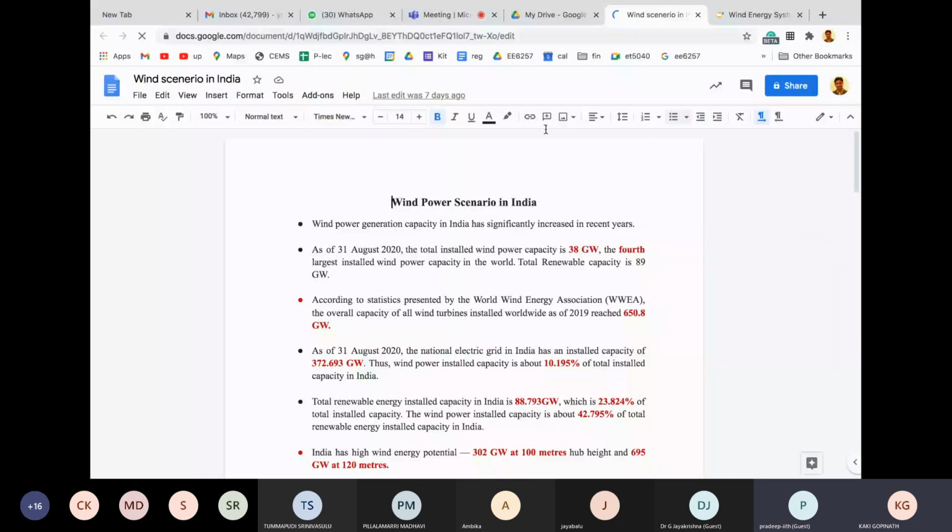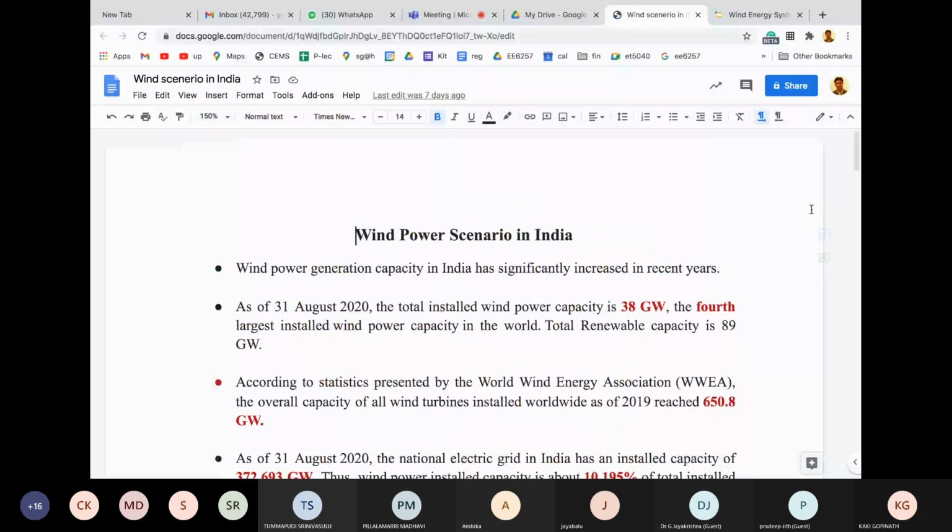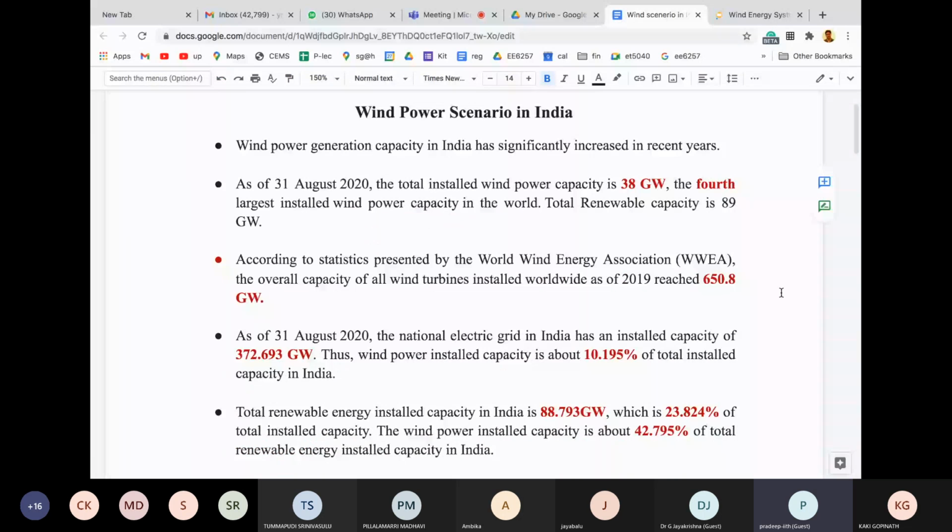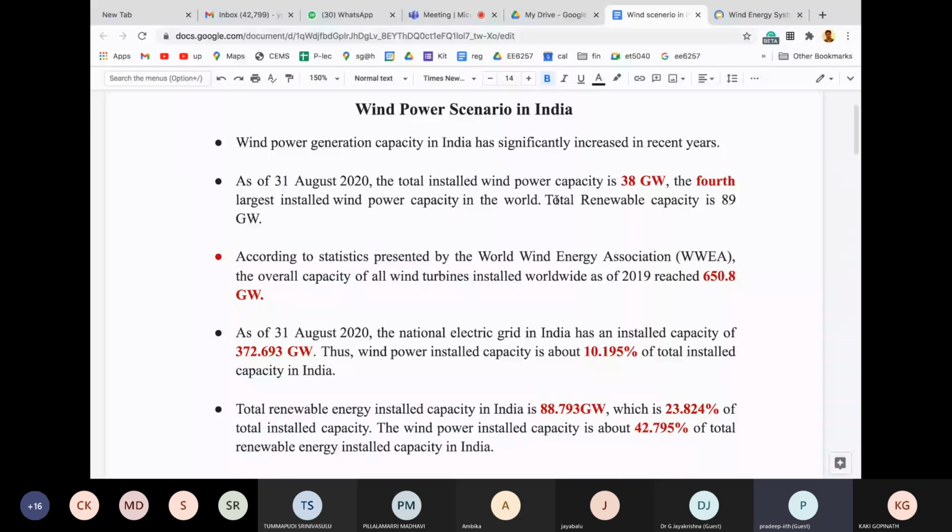So thank you. I was discussing this scenario. I mentioned that the wind capacity is 38 gigawatt and fourth largest.